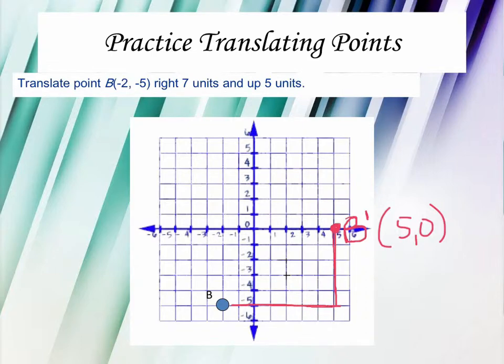That way you don't have to count the lines. You're counting units. That's a very strong skill that you'll definitely need in the future. So make sure you're counting the units when you're moving and translating. Also, notice how I labeled my image B prime, so I know that this is the new B. And I also stated the point, which is (5, 0). I could have easily just left it there, but notice I always state the point because we're going from this point to this point.